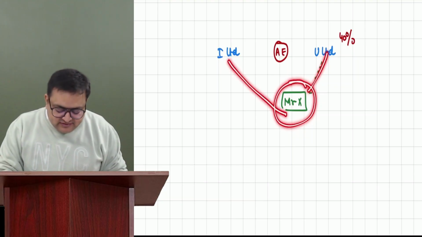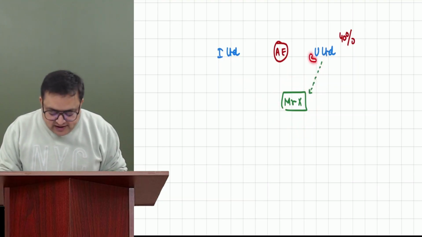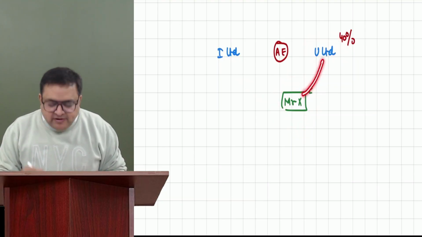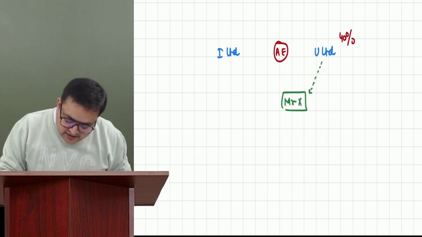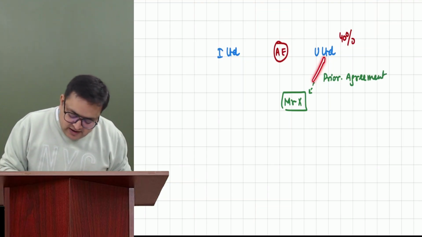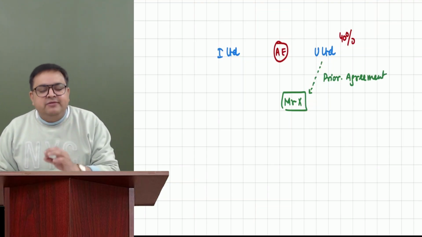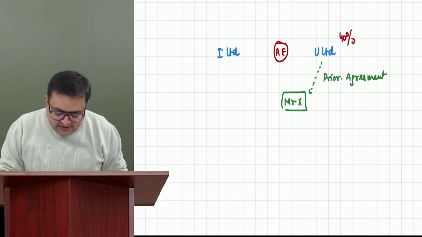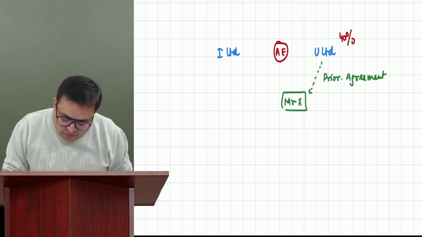You have to do a transaction with I Limited. I am not doing it directly, but through you, I will do it. And they made a prior agreement between themselves. So U Limited and X Limited, there is a prior agreement between themselves. And let's say, for example, they say, now please, you both do a transaction.